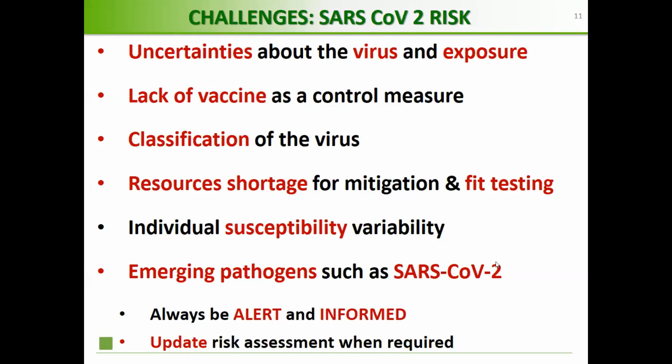And then the fit testing, which my colleague after me is going to talk about, is also a challenge because at the moment, because of the rush, because of the fear, people are just buying masks or respirators, and they're just wearing the respirators without fitting. How do we know for sure that it's protecting the worker? How do we know for sure that it's fitting when fit testing is not done?